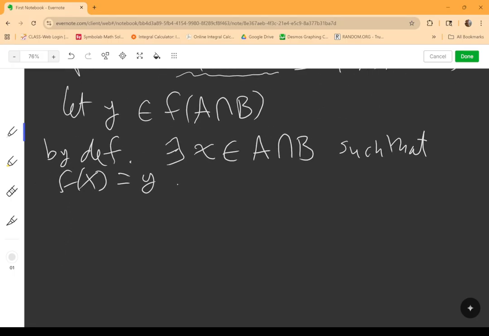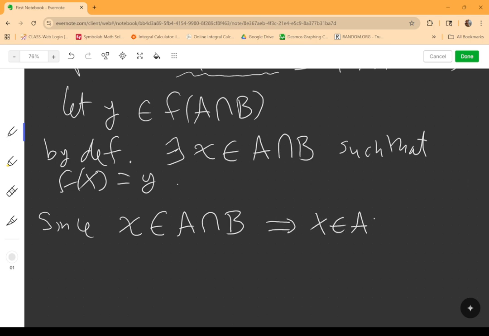Now, since x is an element of A intersection B, this means that x is an element of A and x is an element of B.